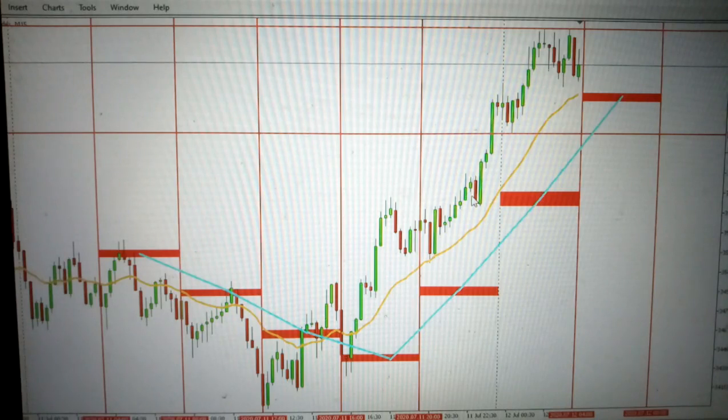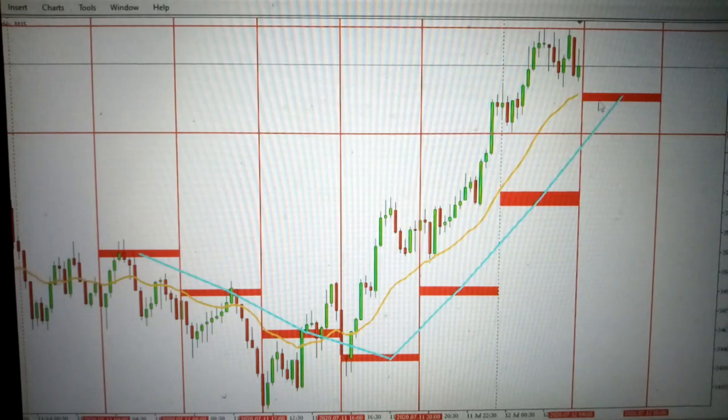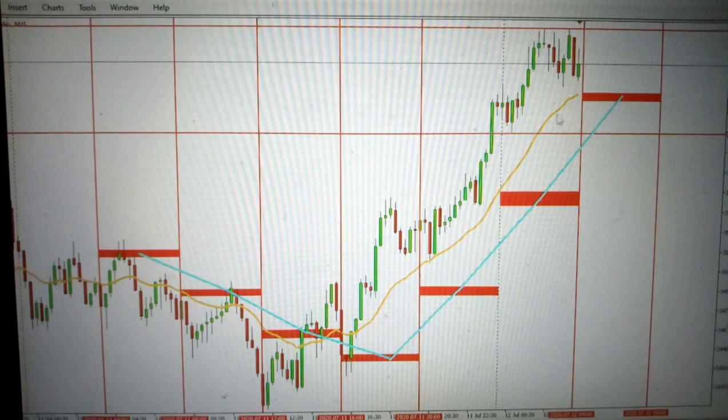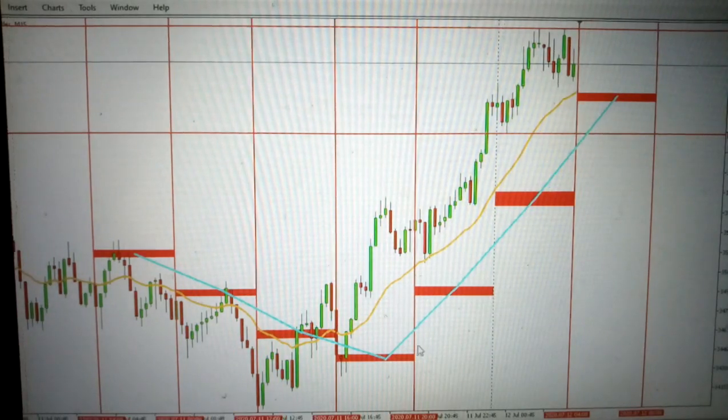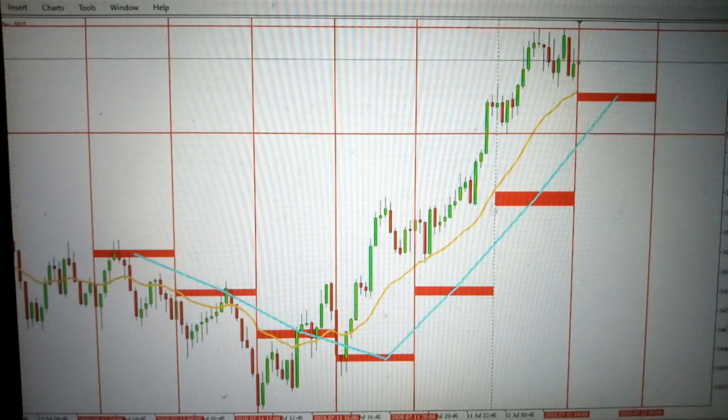So like we can see on the chart right now, there's a considerable space between the gold colored moving average and the cyan colored trend line. So we have a space and they are both ascending. So we should expect volatility index 75 to continue in an upward movement.